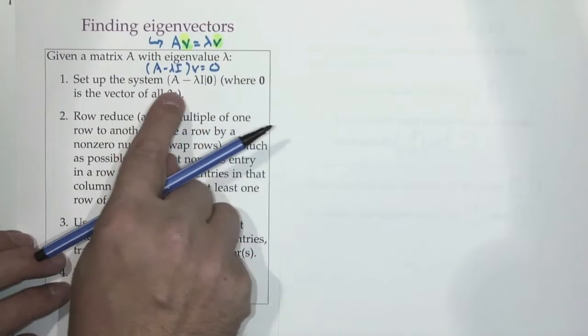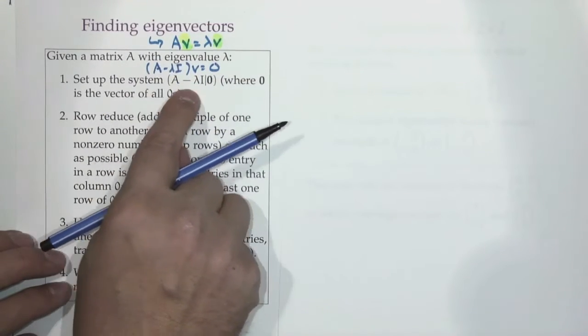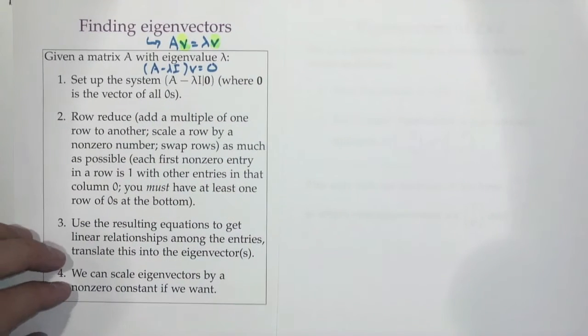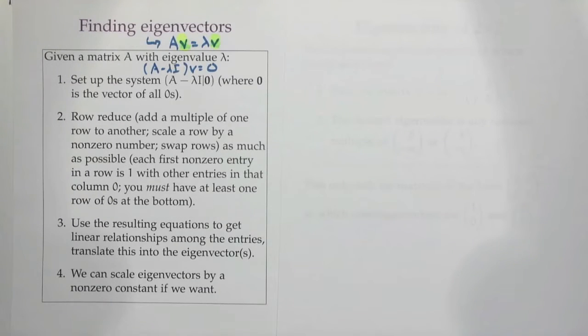So set up the system of equations that corresponds to this problem, and now you do your row reduction, the same kind of row reduction we talked about when we were finding inverses. We can swap rows, multiply a row by a non-zero number, add a multiple of one row to another, and you clean up as much as possible.